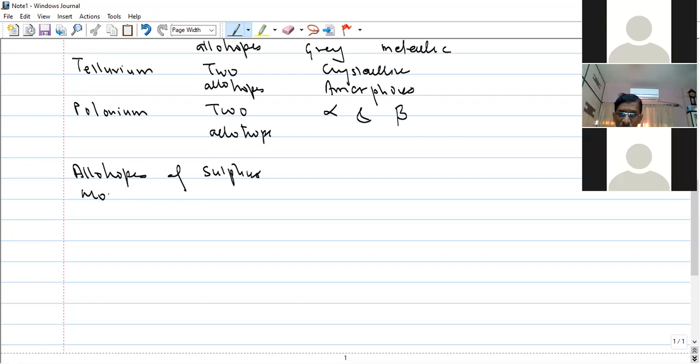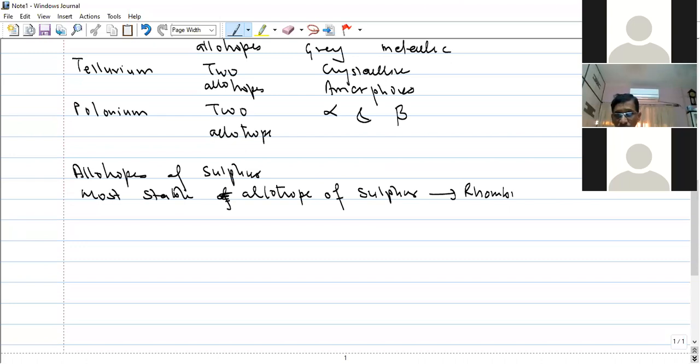The most stable allotrope of sulfur is rhombic. Why do we say stable? All other allotropes on standing convert into rhombic sulfur.